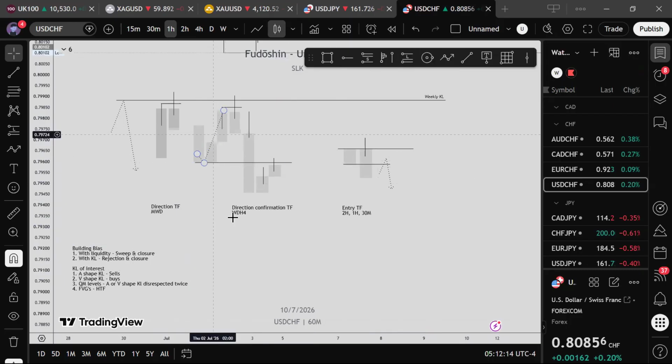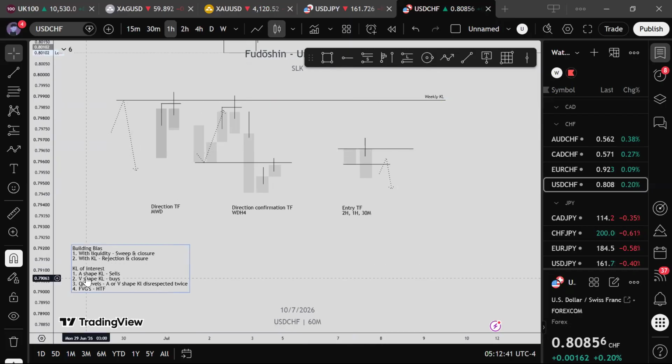But if it's disrespected, obviously what they call a support turns to resistance, right? So it could then be used for sales. I'm just doing this because this is exactly what I used to catch my sell on XAUSD. In fact, everything, to be very honest, especially XAUSD and USDCHF. This simple thing, that's it.